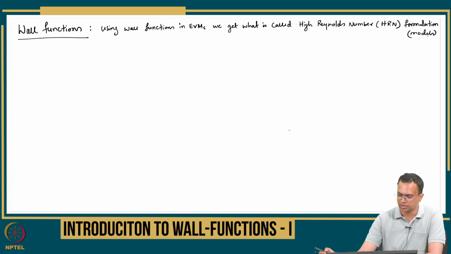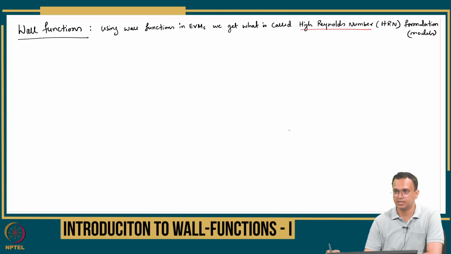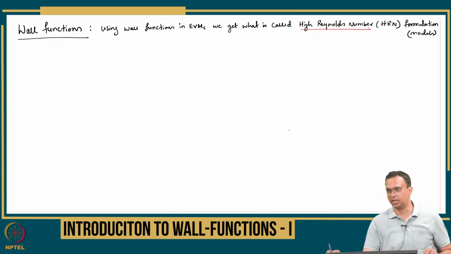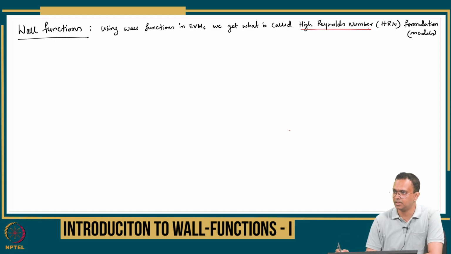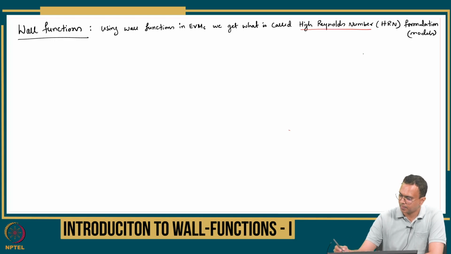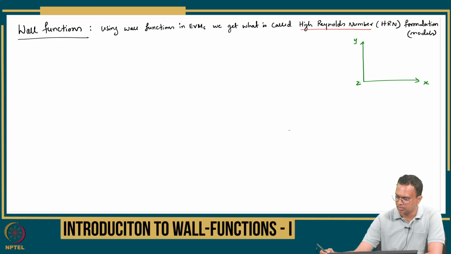based on wall function. So what we mean by high Reynolds number and low Reynolds number is that this is not with respect to your global Reynolds number, Re delta or Re L. This is the local Reynolds number that I am talking about. For example, if I look at the same graph that we looked at, the logarithmic part, so you will have, let's say, this is x, this is y, and z is the out of plane component.